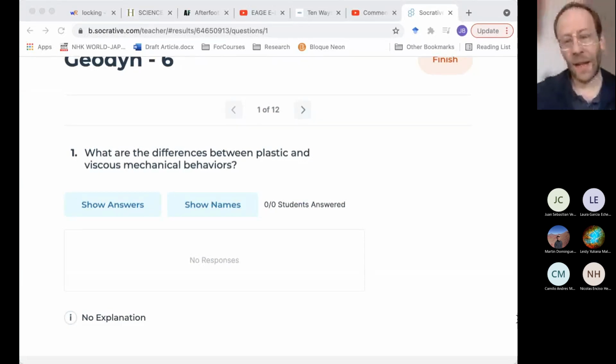So that's why I asked you what is the key property for the viscous behavior. But well, let's move on because I still have lots of tiny little questions. For the viscous behavior, it's obviously the viscosity.